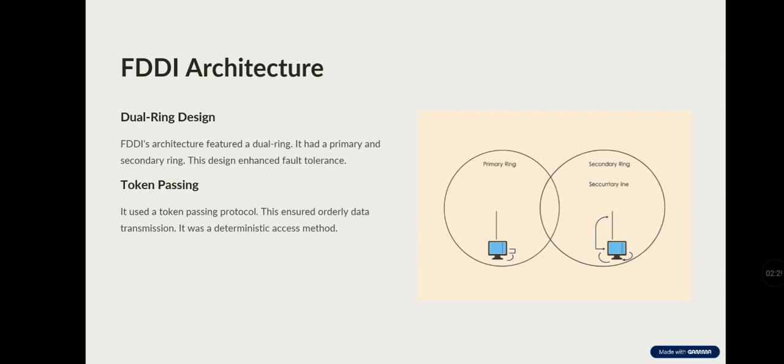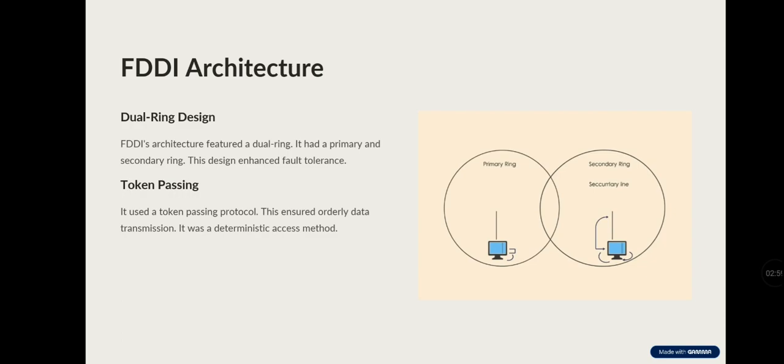Next we'll see the architecture of FDDI. FDDI consists of two components, that is dual ring design and token passing. A dual ring design contains two token rings which are known as a primary ring and a secondary ring. The primary ring is used for data and token transmission, and the secondary ring provides backup if the primary ring fails.